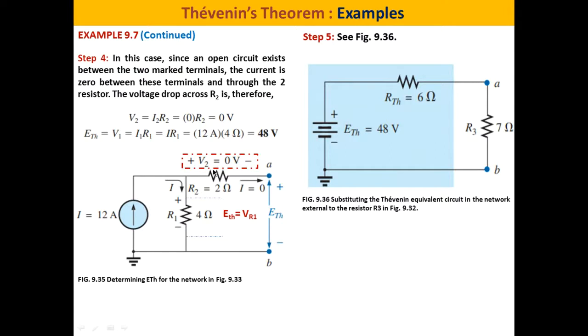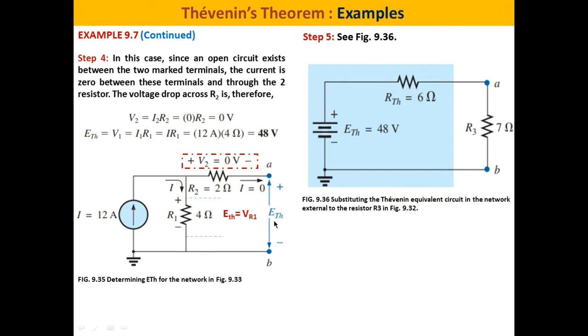The voltage across R2 is 0, because based on Ohm's law, V2 equals I times R2. Since I equals 0, V2 equals 0. So the point A is the same point here. This point A is the same point here. This is the terminal of R1. And this point B is this terminal, because there is no current. The voltage drop is 0 here.